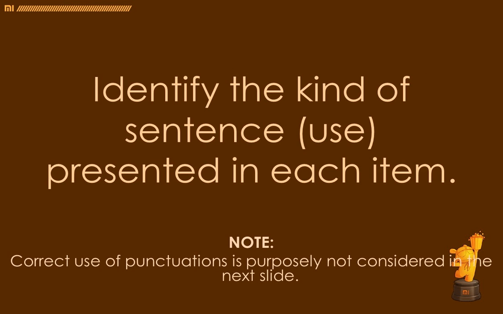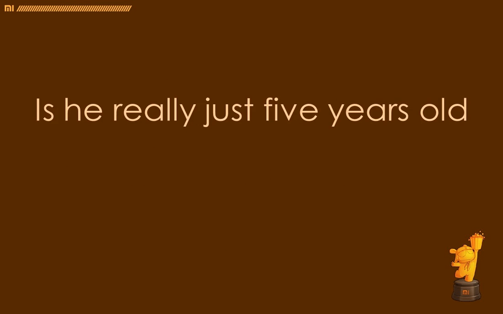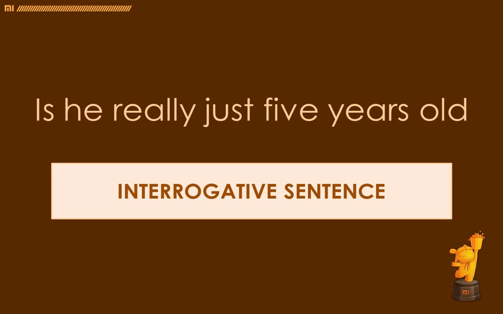For part 3, you have to identify the kind of sentence according to use presented in each item. Please take note that the correct use of punctuation marks was purposely not considered in the next frames. Number 1. Is he really just 5 years old? Very good. This is an interrogative sentence.